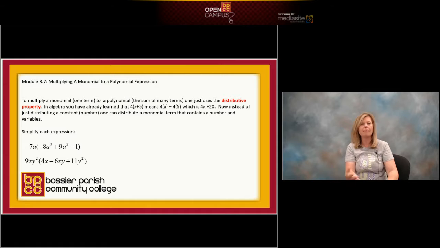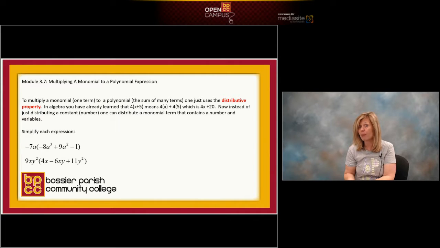So remember, you have a binomial would have two terms, a trinomial would have three terms, and anything with four or more terms we just call a polynomial. Well, think back to what you've already learned in algebra. If I have the expression 4 parentheses x plus 5, in the front of that parentheses is a monomial, 4.